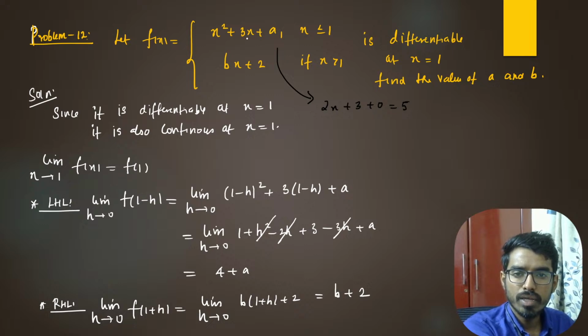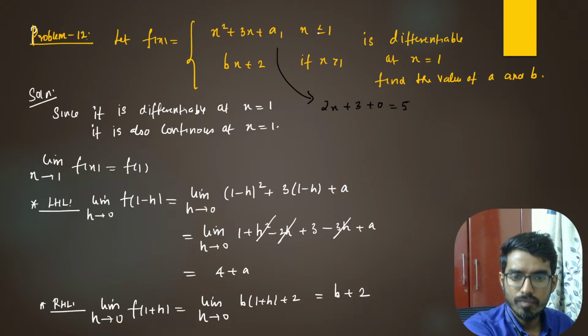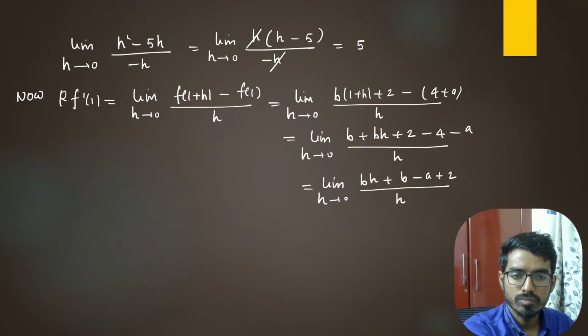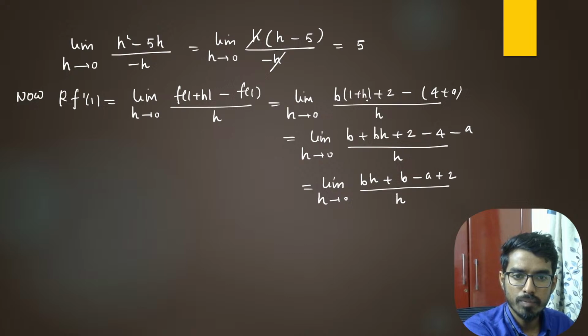No, f of 1 is here only, right? 4 plus a only. The function is here only, it is f of 1. f of 1 plus h, b into 1 plus b, 4 minus a by, sorry, this is minus 2. So b minus a minus 2.